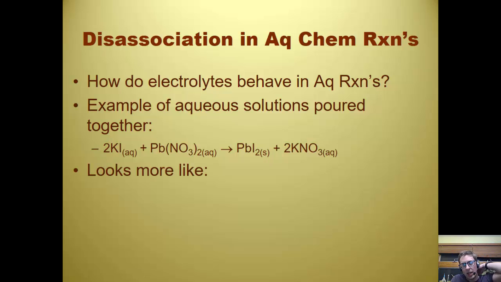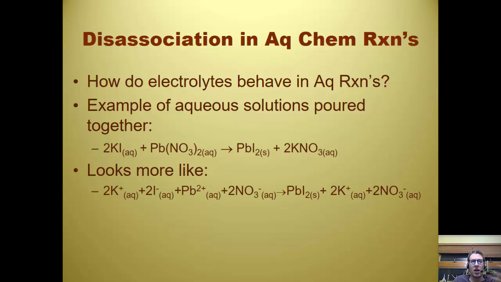But in reality, if we have these aqueous solutions, we've already talked about this, if you add KI to water, it actually looks like this, because the ions are going to break down. Aqueous means the salt is broken down in water.